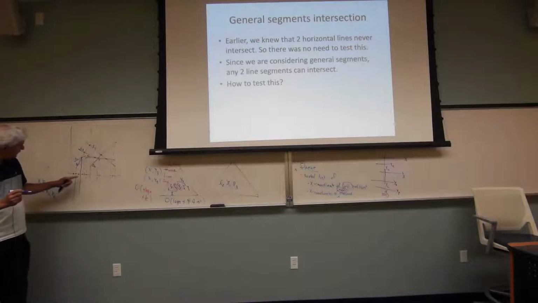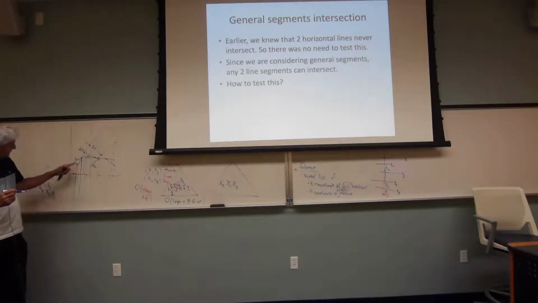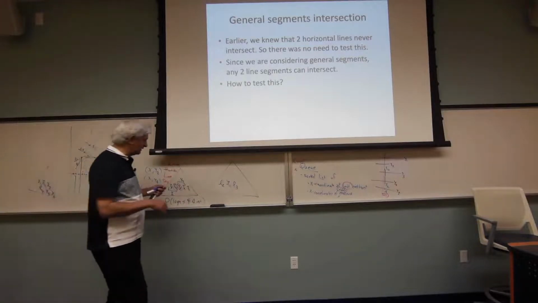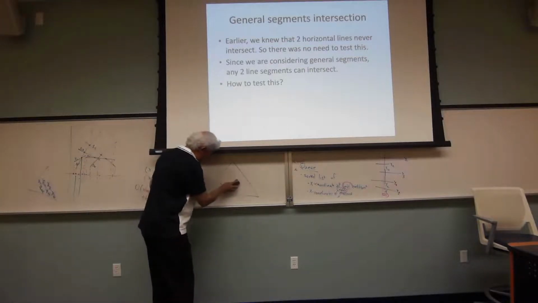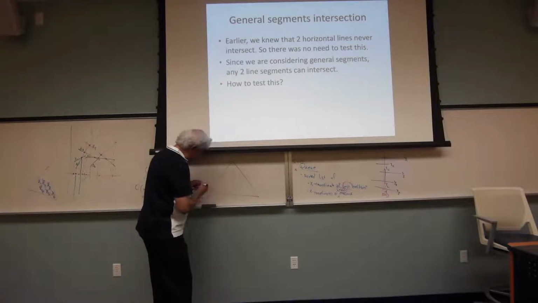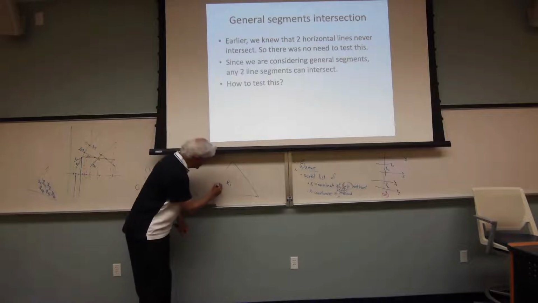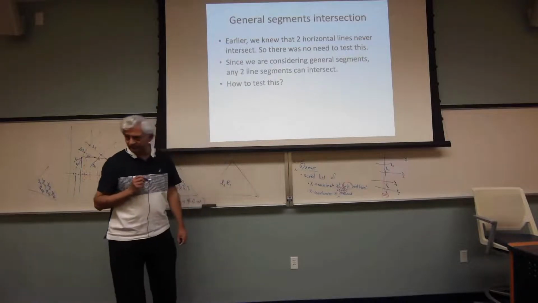Then L4 comes in, and L4 is below. Oh wait, a bunch of things are happening here, and I have to stop and tell you what's happening. Let me go back to the start. I have L1, and I told you that L2 is below L1.